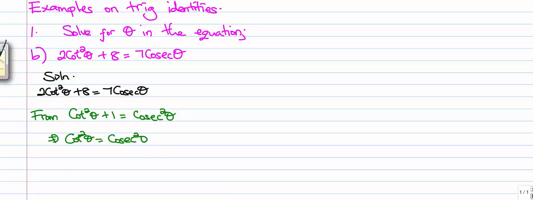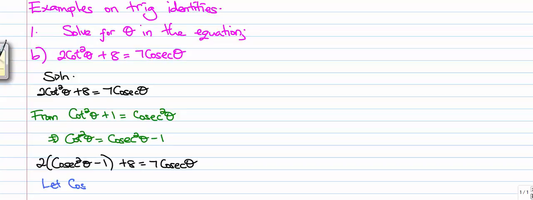If you make cot squared the subject, you'll obtain cosec squared minus 1, and once you replace it in the equation above, you'll obtain the equation being written in black down there. And so as we put it together, you observe that it is a quadratic equation still, but this time around a quadratic equation in terms of cosec theta.